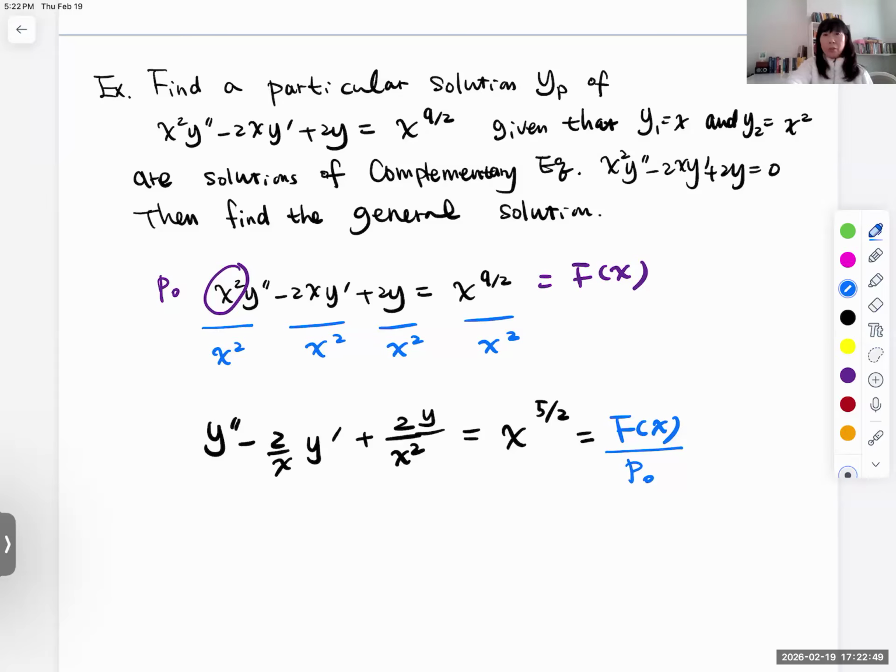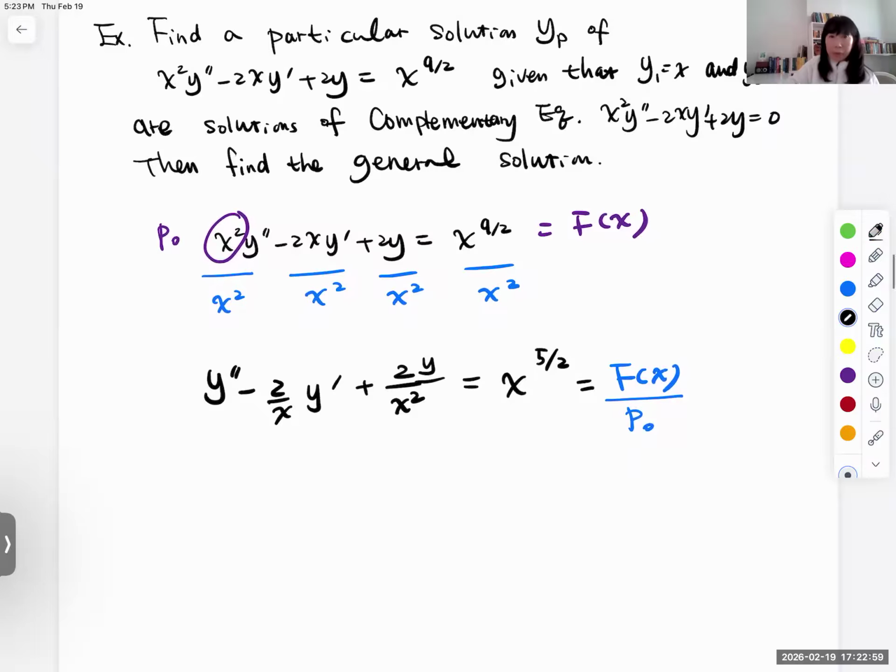Okay. Now, what are we doing? Complementary equation. So let the complementary equation be c sub 1 y sub 1 plus c sub 2 y sub 2. Okay, c sub 1, y sub 1 in that case is x.